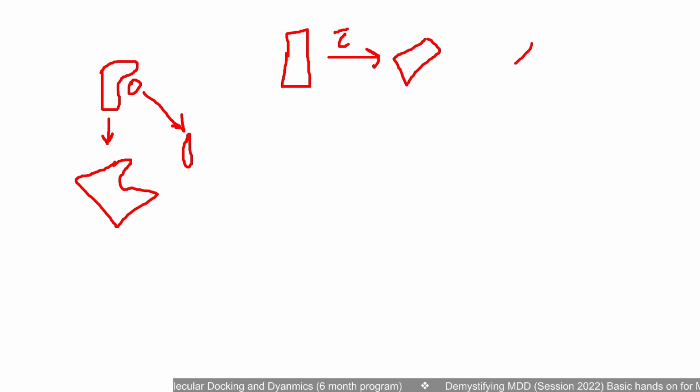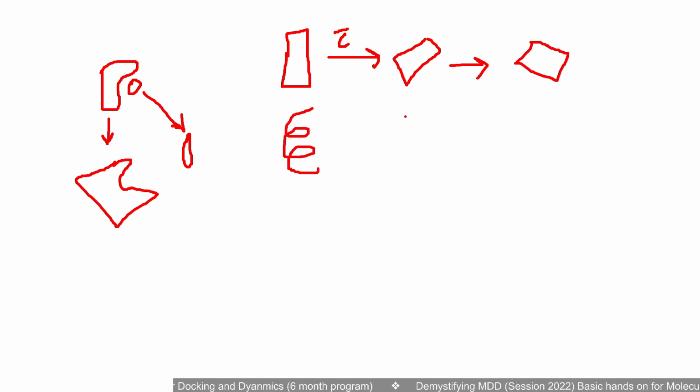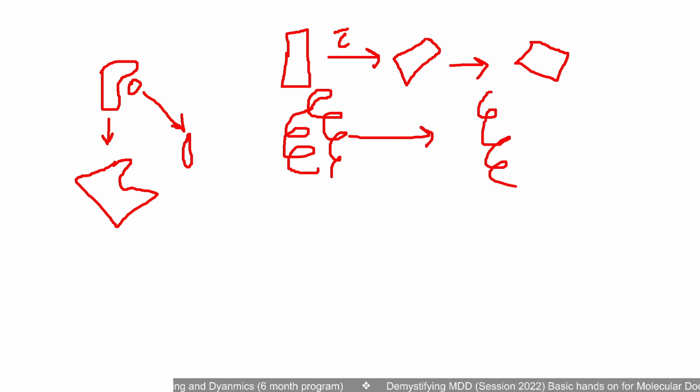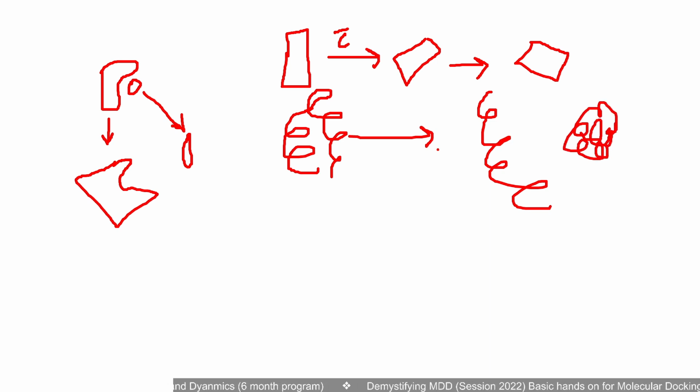By changing conformation, I mean, if this is the orientation of some molecule, and its conformation changes, then it might orient like this in three-dimensional space. If some protein is like this, after conformation change, it might be linear, or it may get more complex and compact. So conformations are changing.